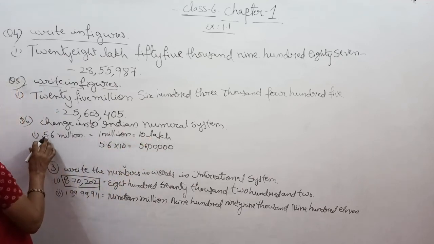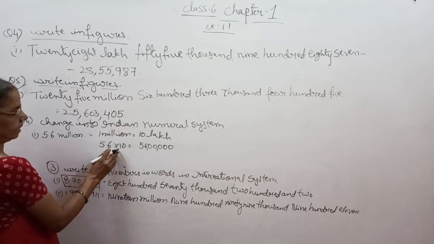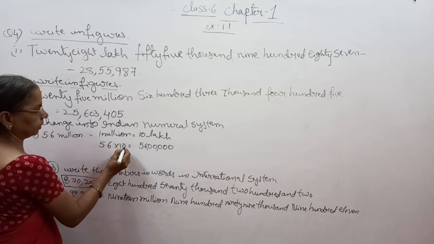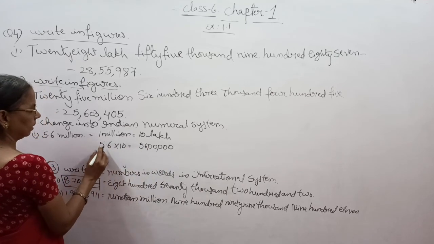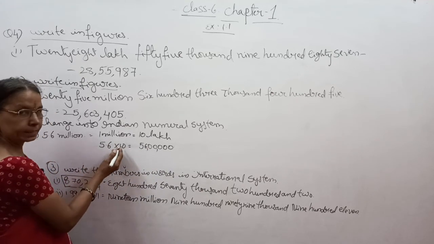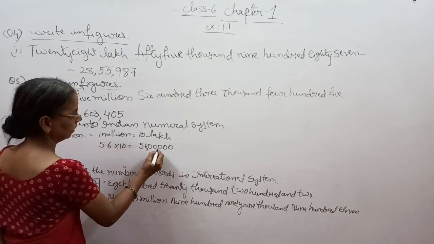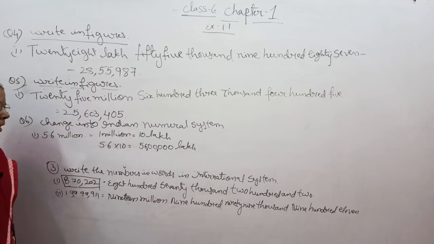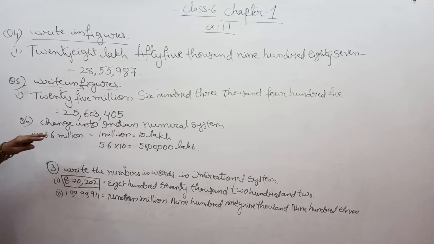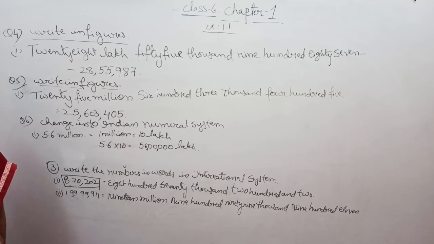Then we have to simply multiply this number with 10, that is 56 into 10, again 10 6s are 60, then 10 5s are 50 plus 6, 56, it comes 56 lakh. Like this we have to convert the millions into lakhs or Indian system.